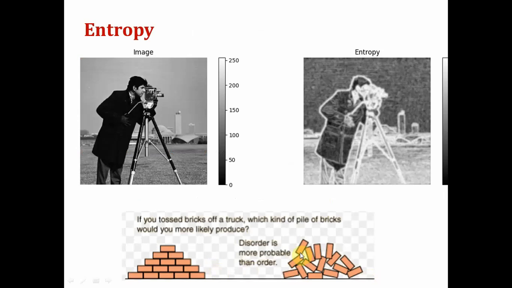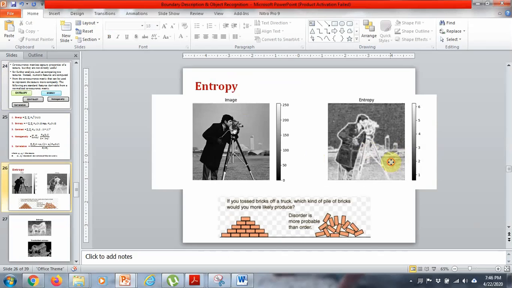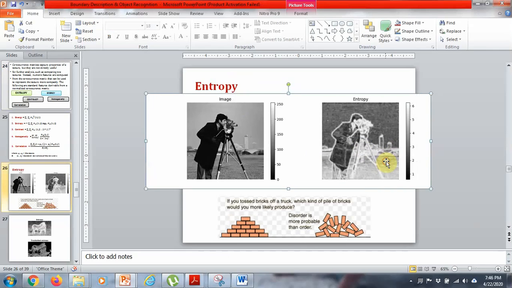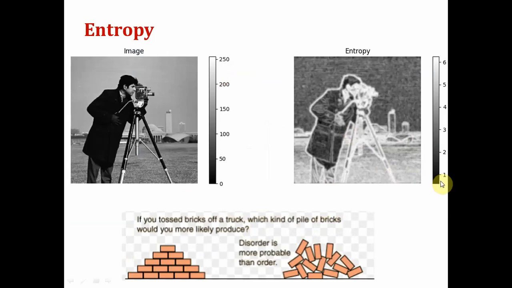If you look at the entropy, if you apply the formula to the input image, it has a range between 0 and 250, and after applying the entropy, now you have the range from 0 to 6.